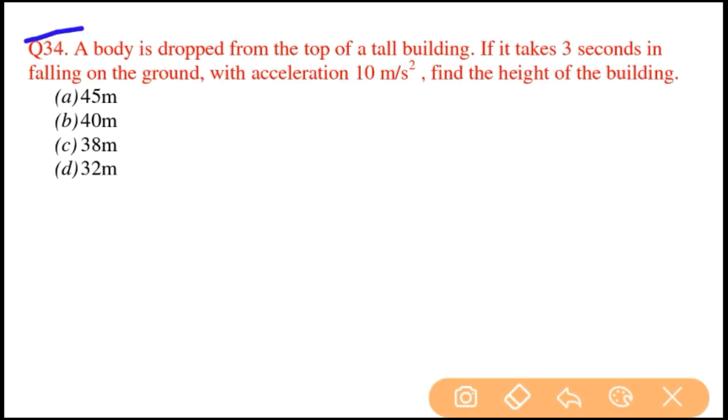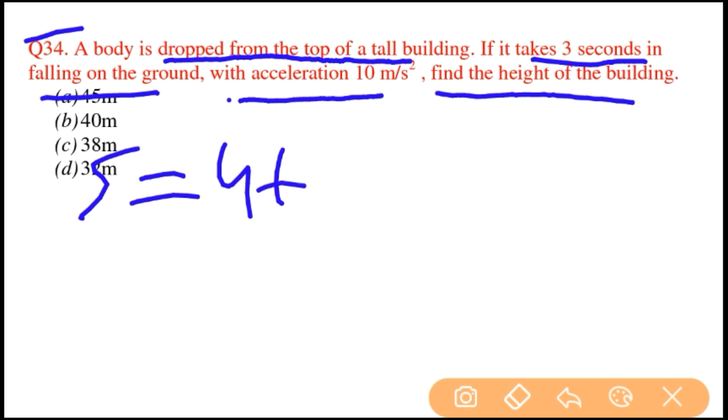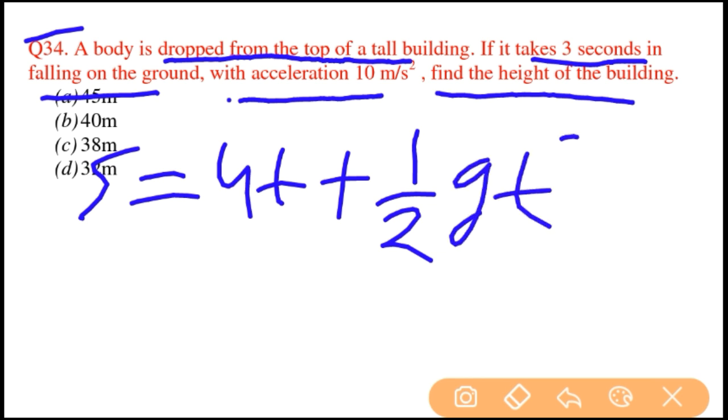In the next question, a body is dropped from the top of a tall building. If it takes 3 seconds in falling on the ground with acceleration 10 meter per second square, find the height of the building. The same formula we can apply, S equals ut plus half at square. In place of a we can put the acceleration due to gravity, g into t square.